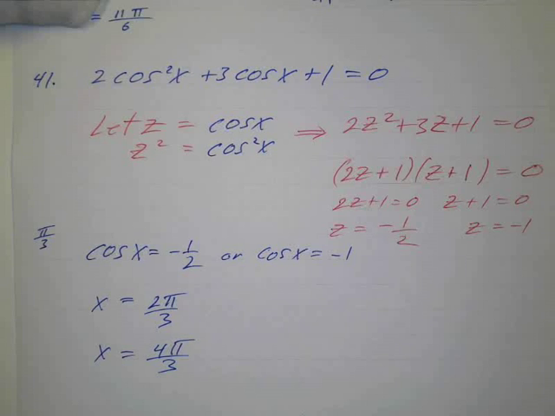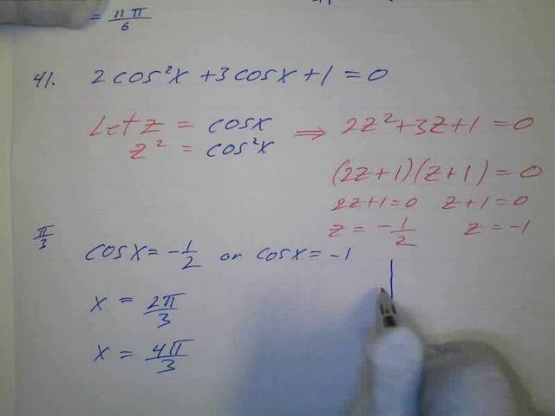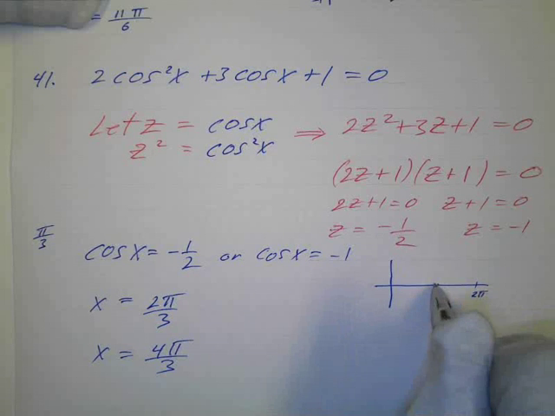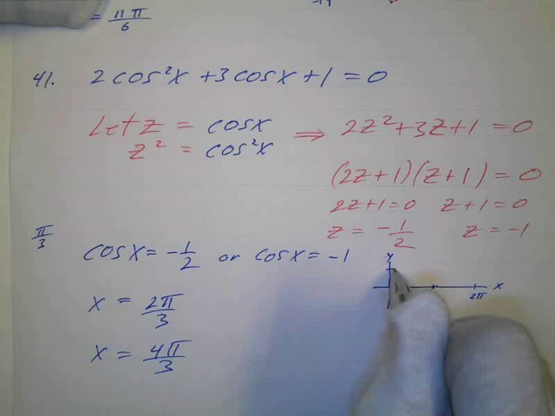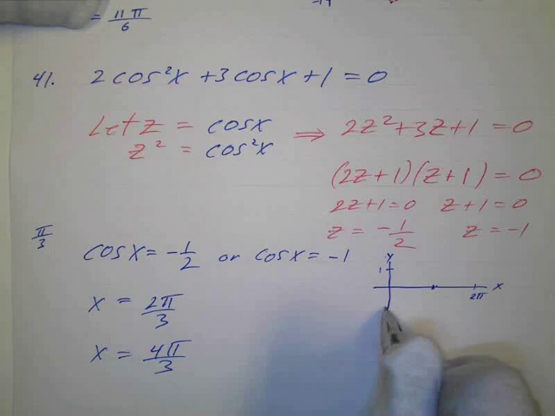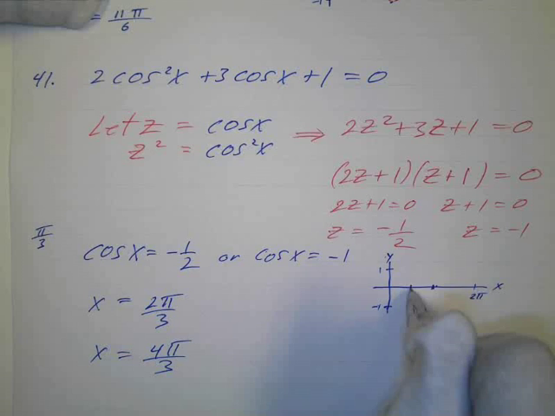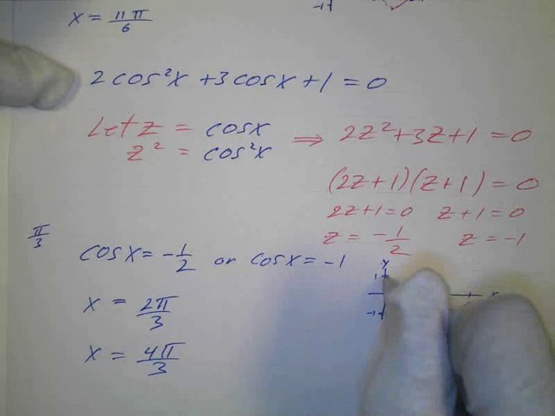And then the cosine of x equals negative 1, and then again, you can look at your unit circle. You should know your graph by memory, I would hope. That's 2 pi. This is pi, y, x, 1, negative 1. That's going to be pi over 2, so you can put your marks in here.